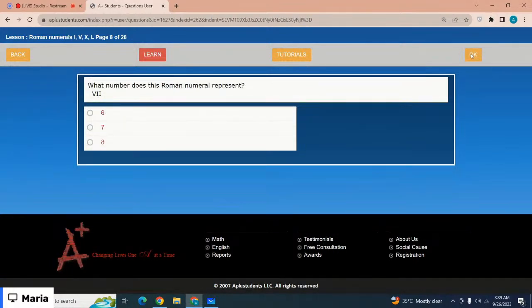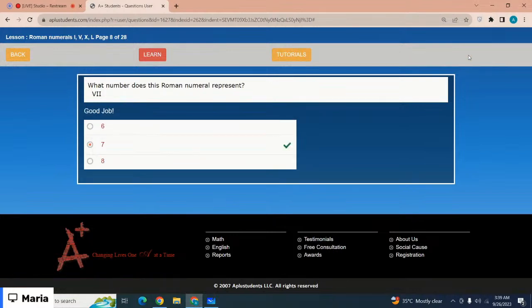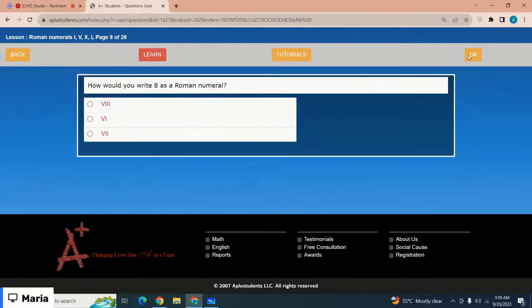What number does this Roman numeral represent? Which is the correct option? Very good. That represents 7. V is for 5, and you have two lines on the right hand side. That means you have to add, so it makes 7, right? Okay, how do you write 8 as a Roman numeral?